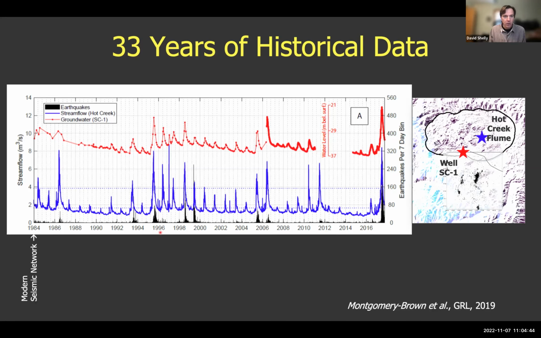You know, just sort of anecdotally, it seems like this feature is especially pronounced when you have a very wet year that follows maybe a series of dry years. And again, the blue line is the water level in this Hot Creek flume that's located in the middle of the caldera, and the red line is the water level in this SC1 well at the southern boundary of the caldera.